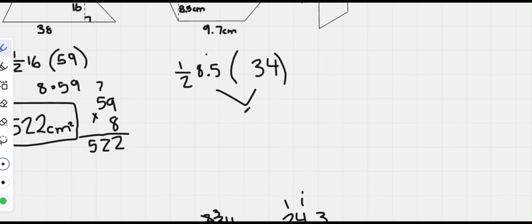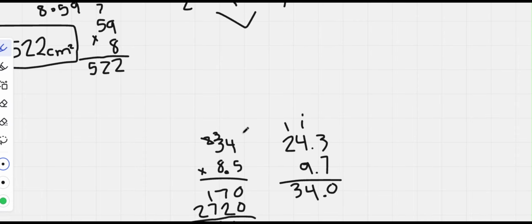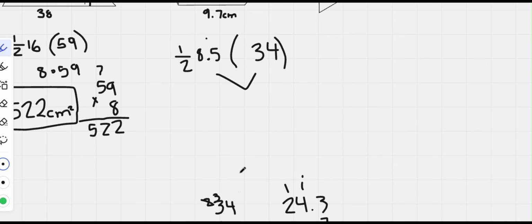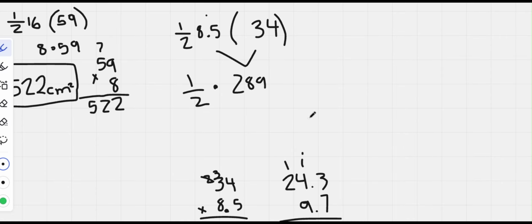So remember our answer is 289. Try to bring our decimal down. So we have 1/2 times 289. And 289 divided by 2 is, we can do some long division for that.